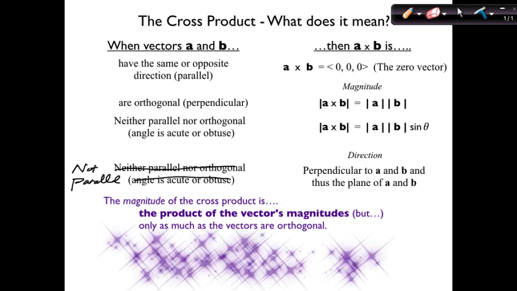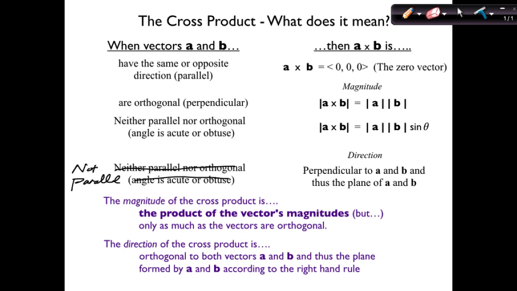There are two possibilities, and the way we know which one it is is according to something called the right-hand rule, and we'll talk about that in a second. The right-hand rule is what seals the deal, telling you which of the two orthogonal directions is actually the direction of the cross product.